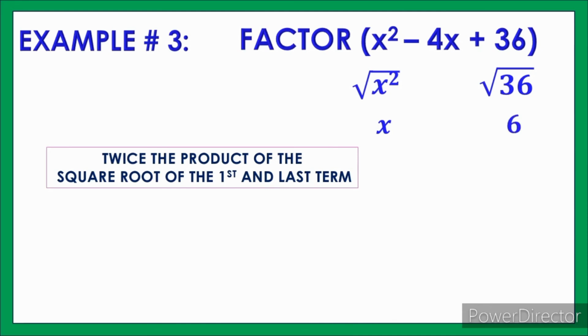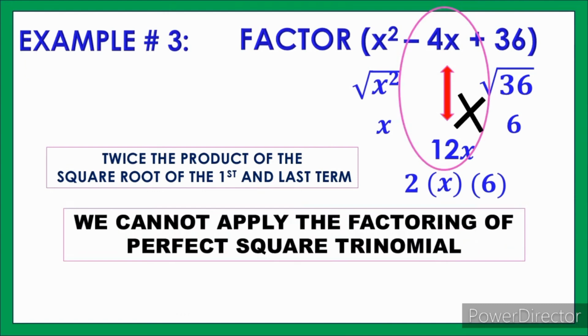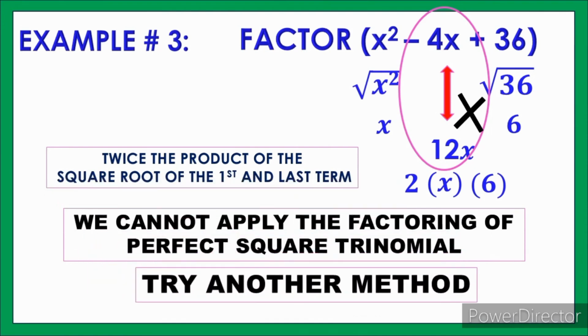The square root of 36 is 6. Then twice the product of the square root of the first and the last. So 2 times x times 6 is 12x. Okay, so hindi sila nag-match. So ibig sabihin, this is wrong. The middle term is wrong, so it is not a perfect square trinomial. So we cannot apply the factoring of perfect square trinomial. So we're going to try another method.